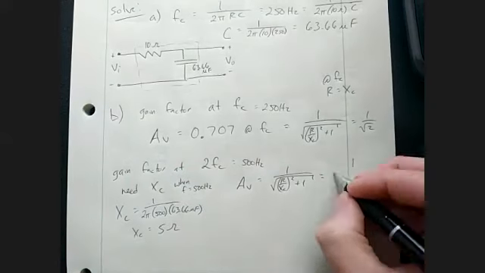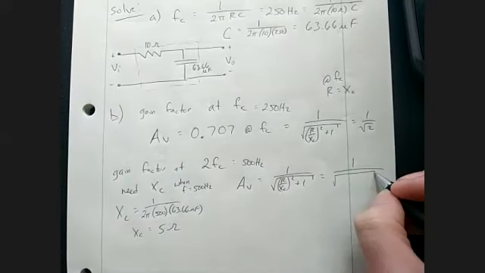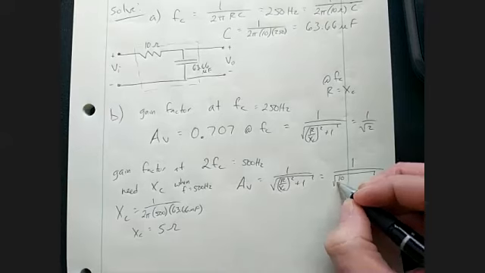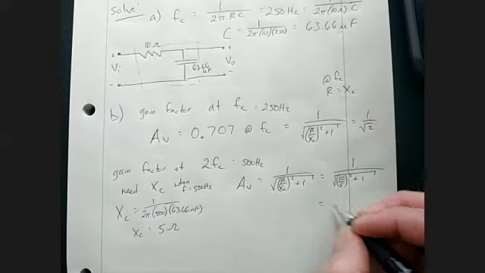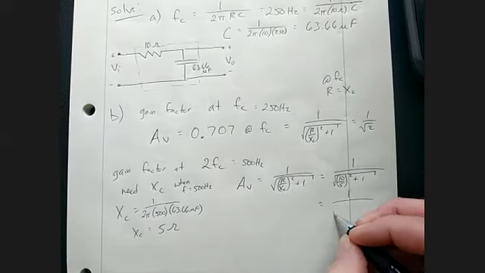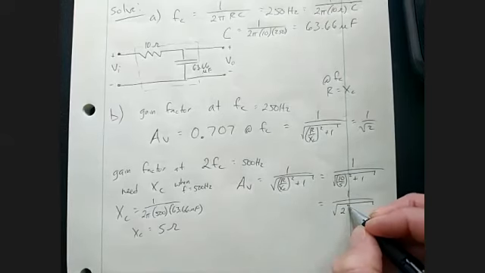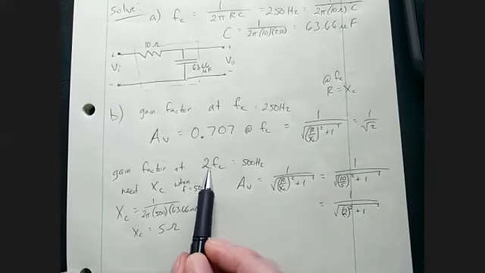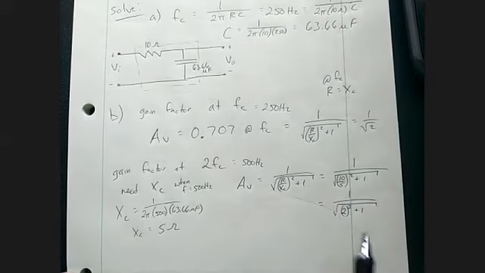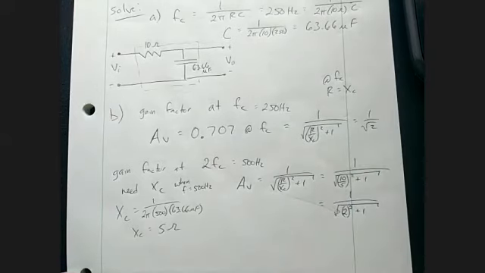In here, I have 1 over the square root. Here's 10, here's 5, squared plus 1. What do we see happen there with that relationship? This is now 2 squared plus 1. That's not a coincidence. This 2 at FC leads to the 2 of the ratio.